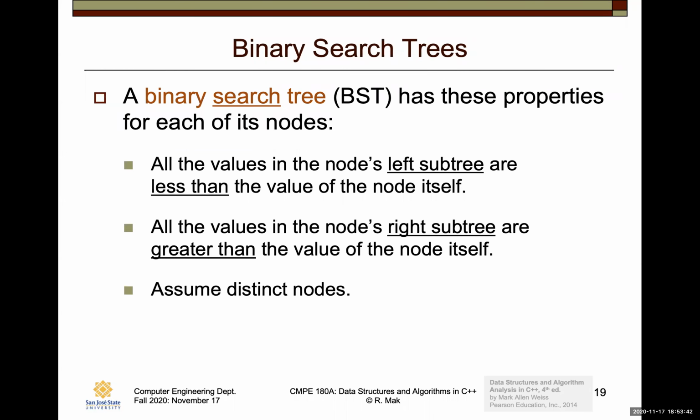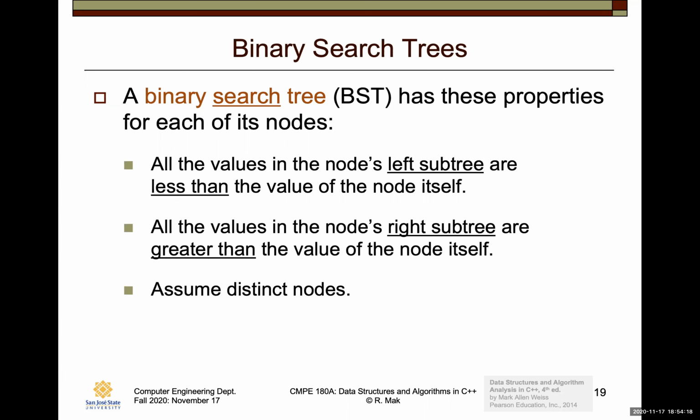So if you look at a particular node of the tree, then all the values in the node's left subtree, in other words, the left child and all its descendants, are less than the value of the node itself. So again, we pick a particular node, and then we look at all the values in the left subtree, and all those values will indeed be less than the node.